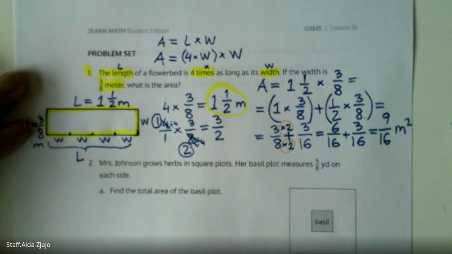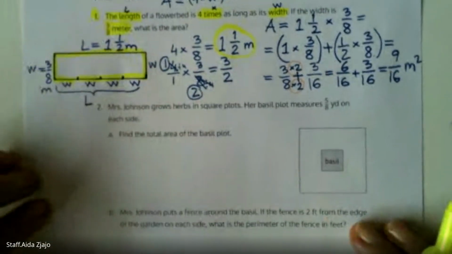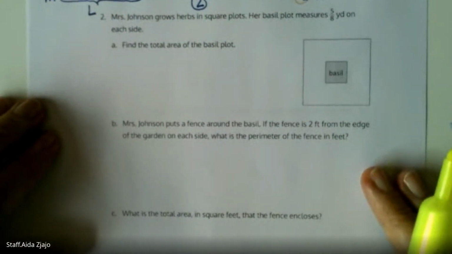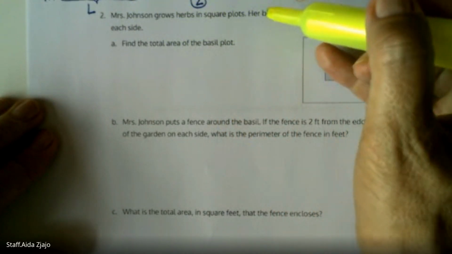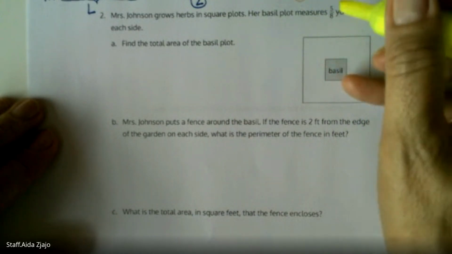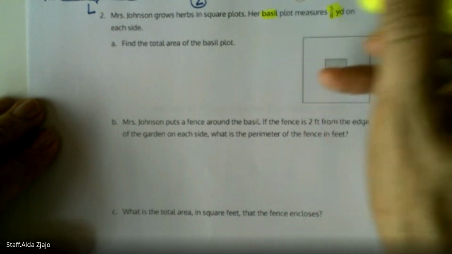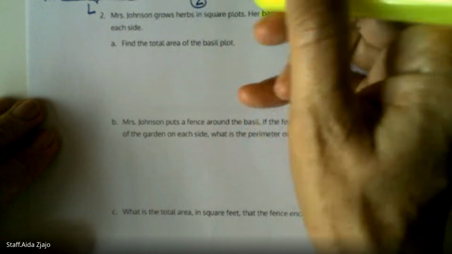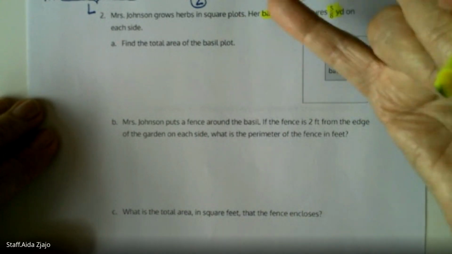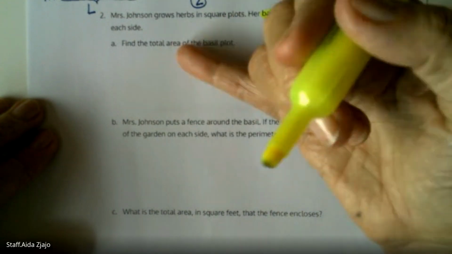Next, I'm going to move to number 2. Mrs. Johnson grows herbs in a square plot. Her basil plot measures 5/8 yard on each side.